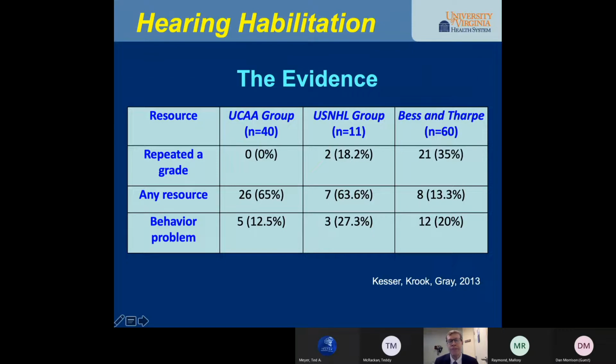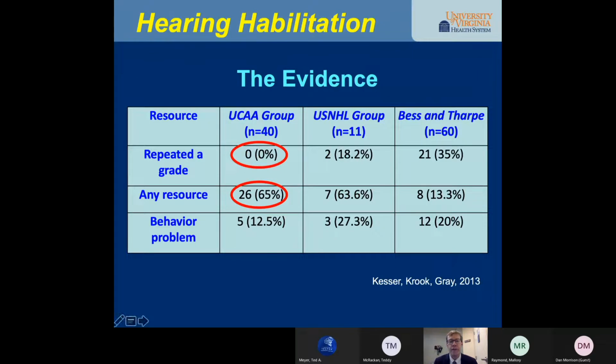We used the same metrics that Bess and Tharp used about 30 years ago, whose studies showed that a subset of children with unilateral sensorineural hearing loss did show significant disability in elementary school. They were at higher risk for repeating a grade and higher risk for behavioral problems. But in our study, in our unilateral aural atresia group, no child needed to repeat a grade.